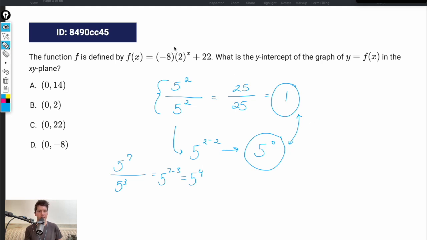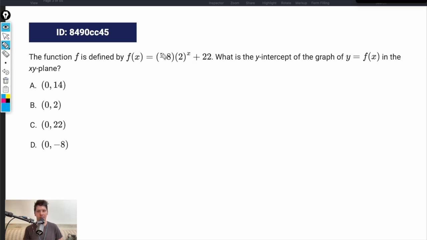Generally speaking, if you didn't have this -8 value out front here, if you just had 2 to the x plus 22, you can expect that the y-intercept is 1 bigger than this 22.